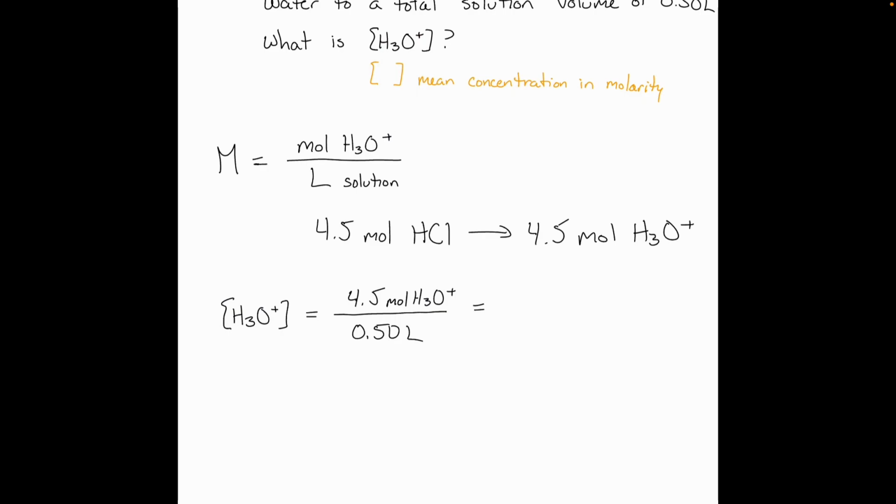Punch that into my calculator. Should get 9. How many sig figs should I have? I won't brutalize you with sig figs for our ICE tables when it gets too complicated, but for a simple division problem, we better be able to do sig figs. So not just 9, but 9.0 molar H3O plus.